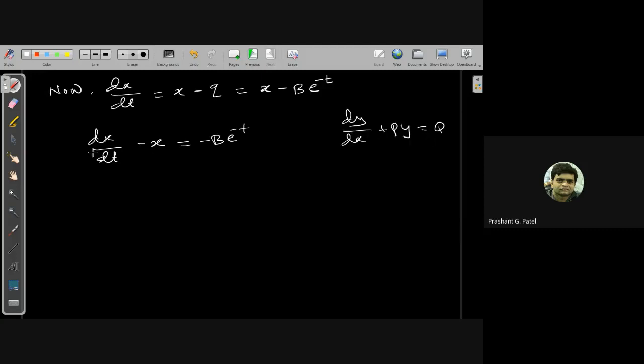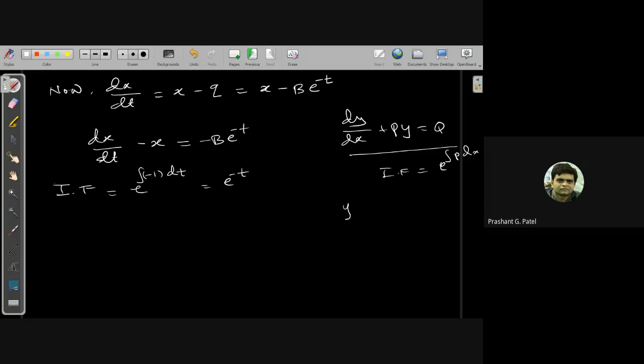This is a linear equation of this type. So the integrating factor in this, we know it is e power integration p dx. So it is e power, here the value of p is minus 1. So it is integration of minus 1 dt. So it will be e power minus t.